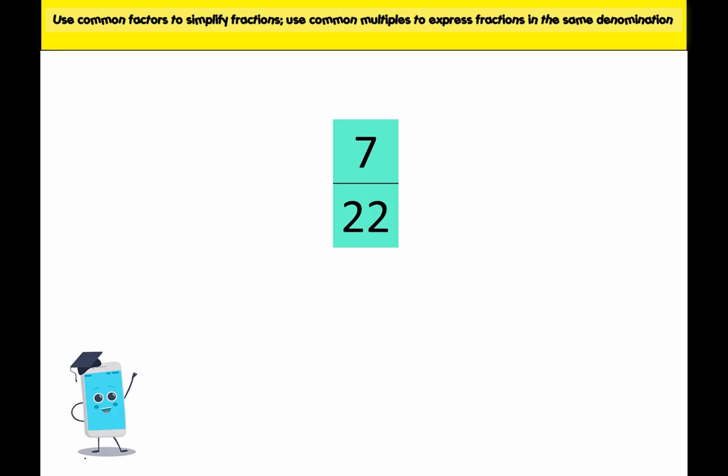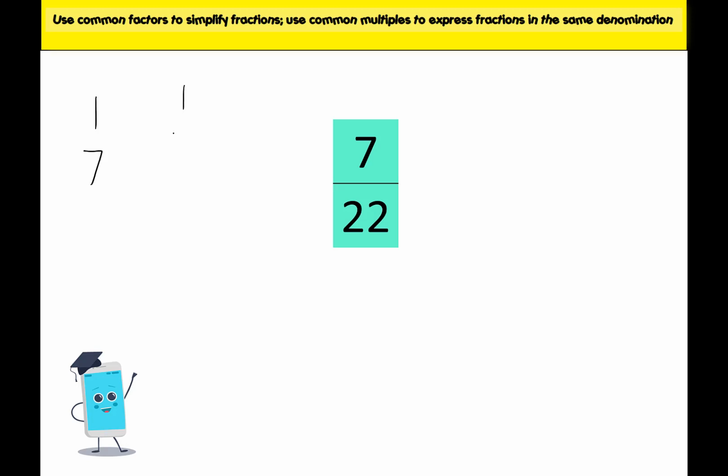I might spot that 7 is a prime number, so I actually know if I listed the factors, you would soon figure this out anyway, because those are the only two factors of 7 because it is a prime number. So therefore, 22 needs to be divisible by 1 or 7 for us to be able to simplify it. We know it divides by 1, but it won't stay the same. And 7 is not a factor of 22.